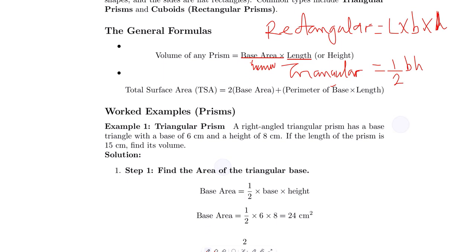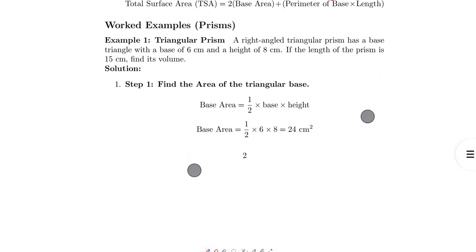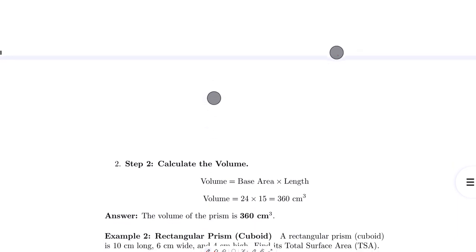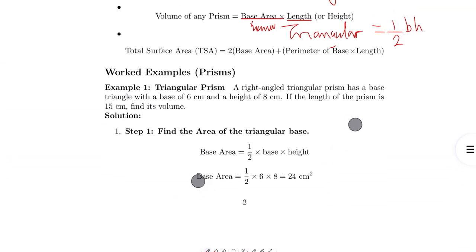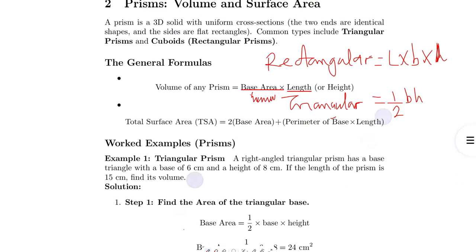So if it is half base times height, then multiply by the height again. So they said half base times height or times length. Since I already have height here, if you look at this rectangular, we have length and breadth, so we are multiplying with height.